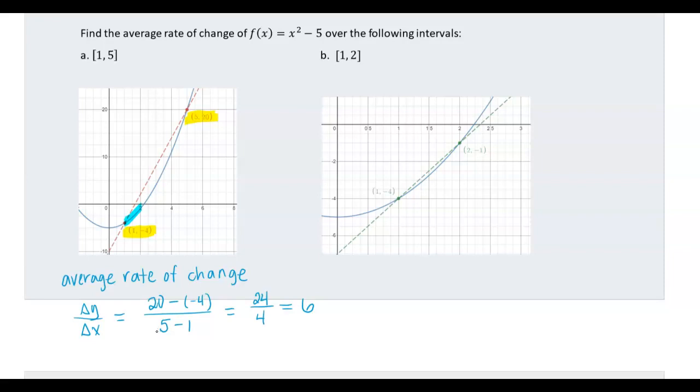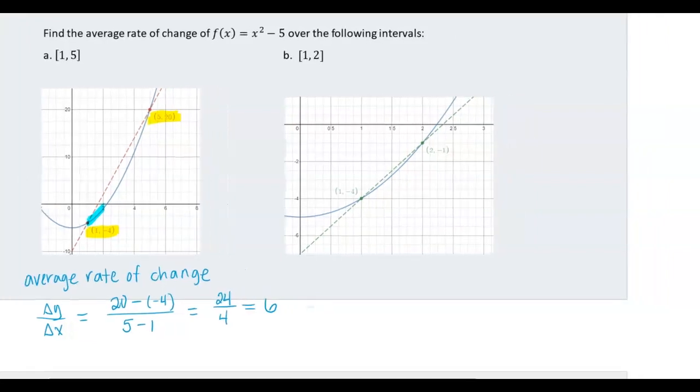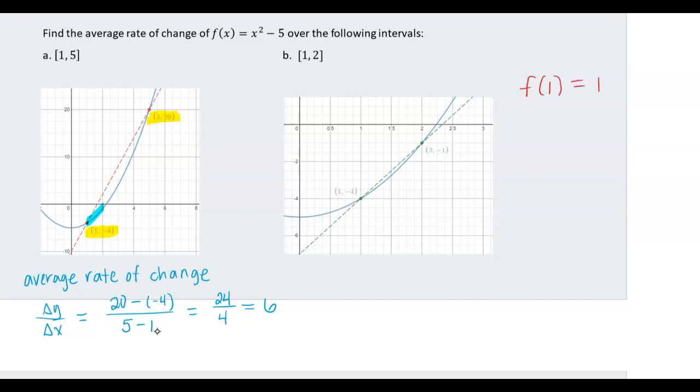Again, we plug those points 1 and 2 into the original function. So what I mean by that is I'm saying, okay, well, what is f of 1? I'm going to get 1 squared minus 5. So it's going to be -4. What is f of 2? Plug that into the original function. I get 4 minus 5, which is a -1. So that's the 2 points that you see here on the graph.